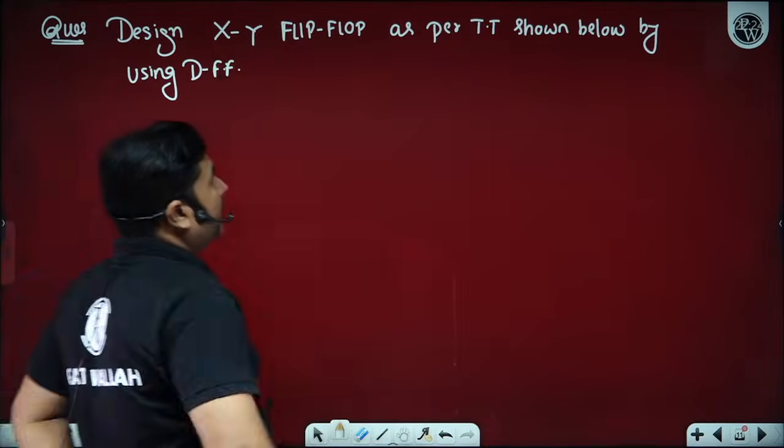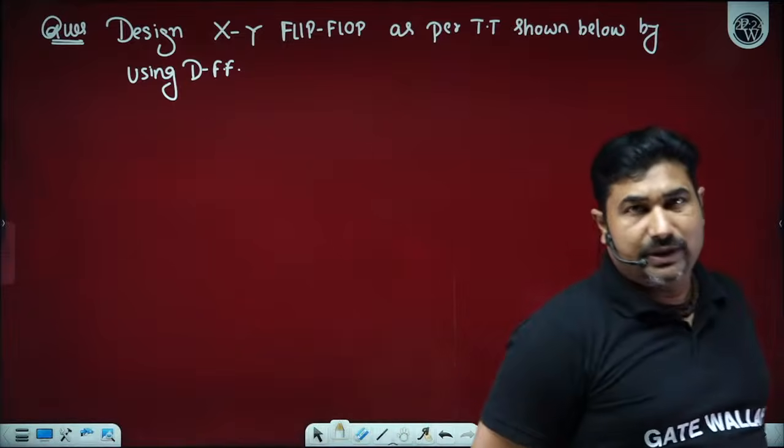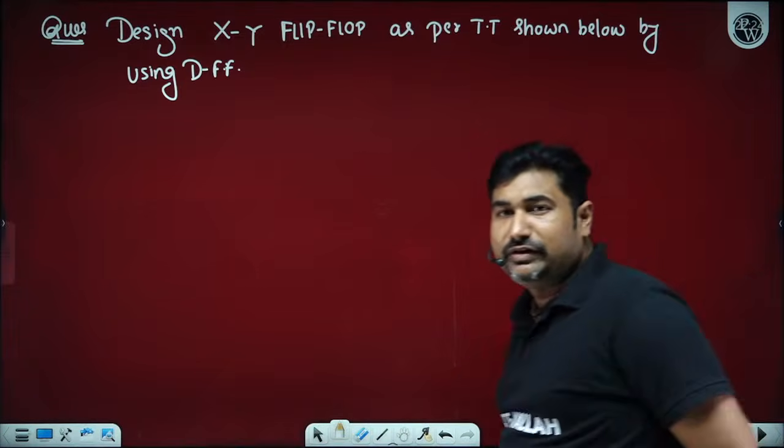Design XY flip-flop as per truth table shown below by using D flip-flop.